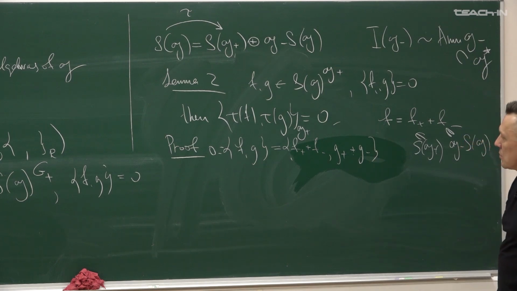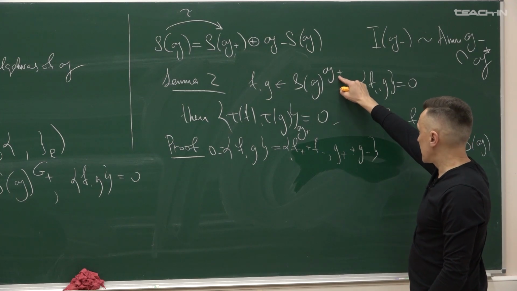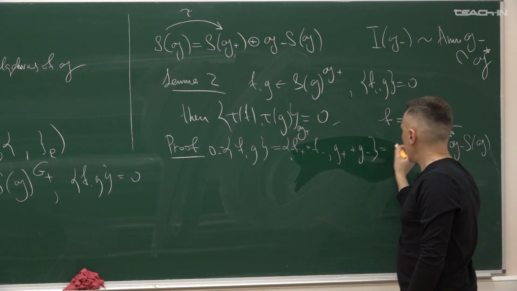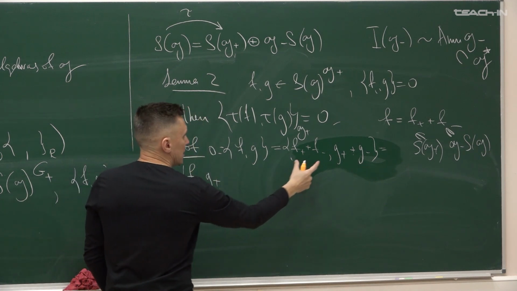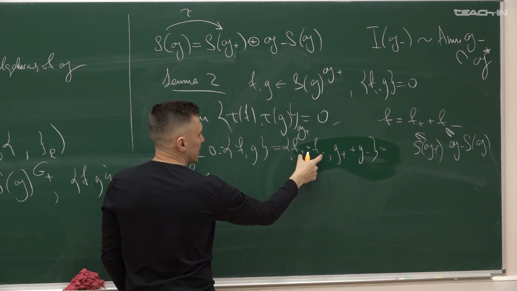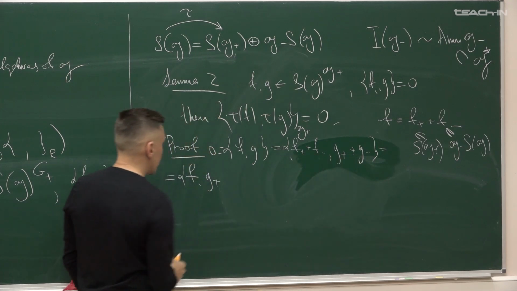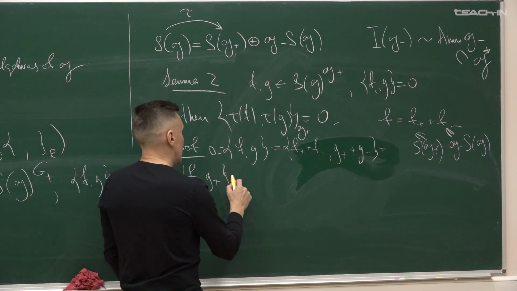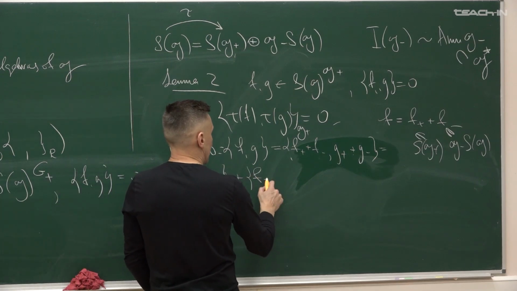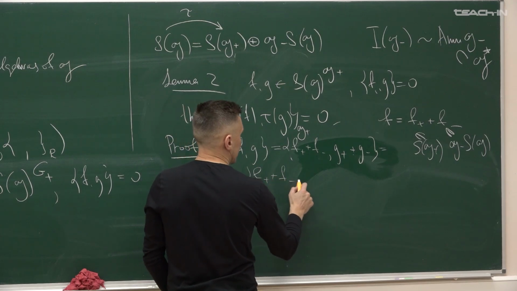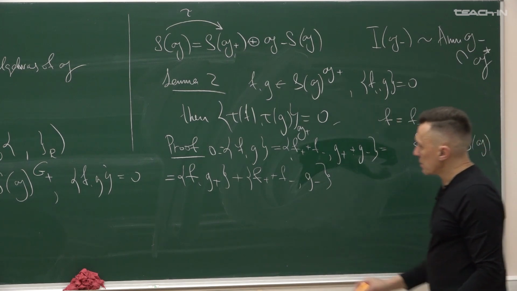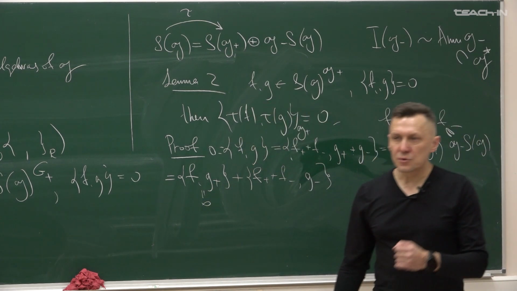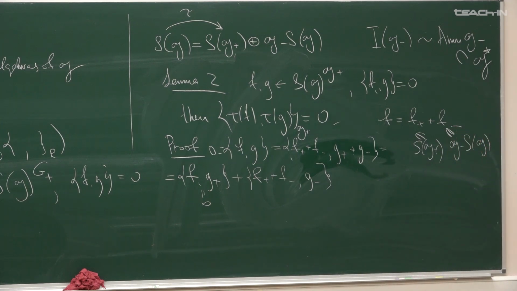This is 0. And now I have to use the g plus invariance. Let me write it as the sum of the Poisson brackets of such summands: the bracket of f plus and g plus, plus the bracket of f plus and g minus. But this is 0 due to g plus invariance of the function f.